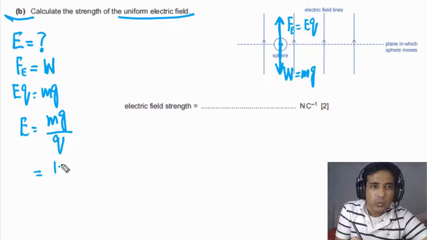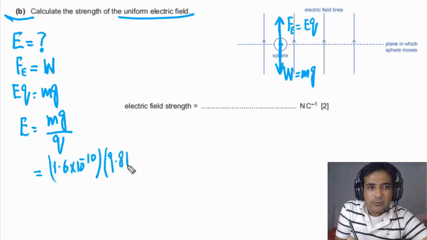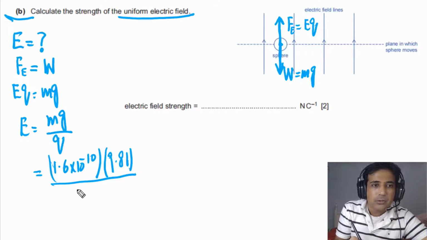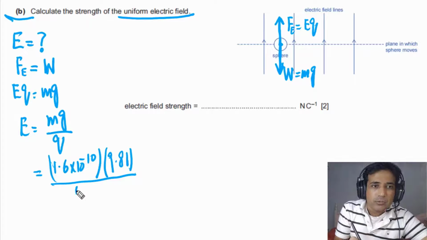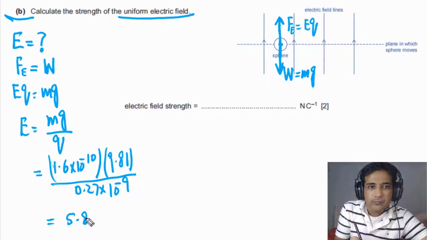That was equal to 1.6 times 10 to negative 10 kg. The value of g is 9.81 and the charge on this particle was 0.27 nanocoulombs. So simply we can say this is 0.27 times 10 to minus 9. Now if we solve this one, our final answer will be 5.8 newtons per coulomb.